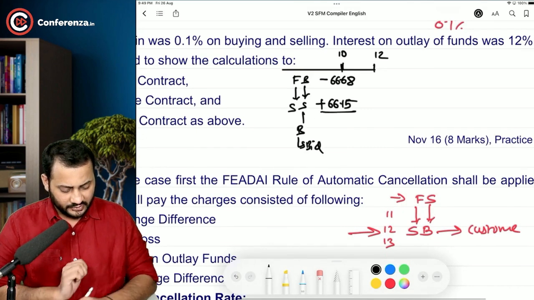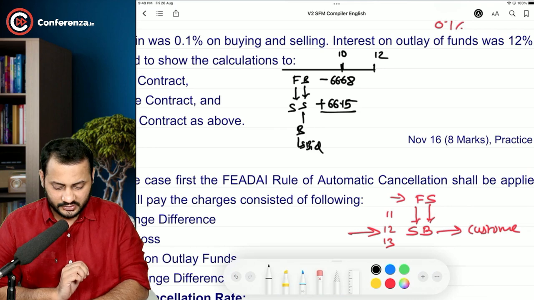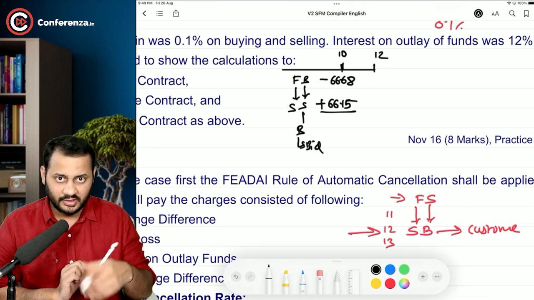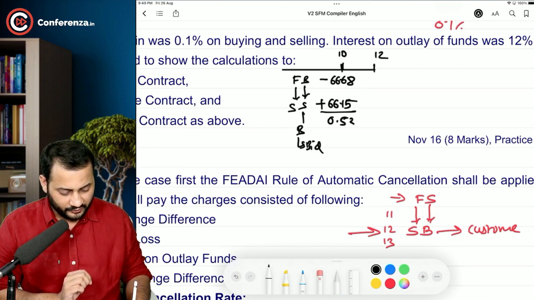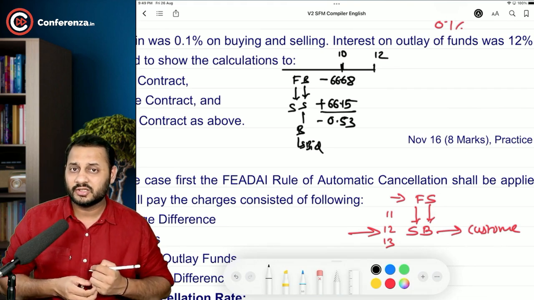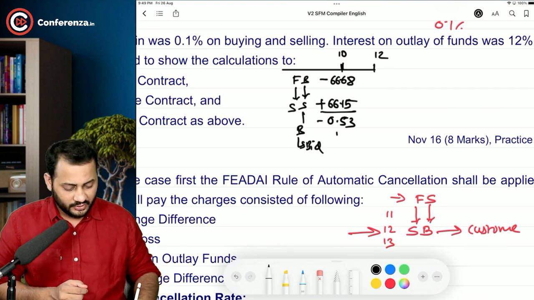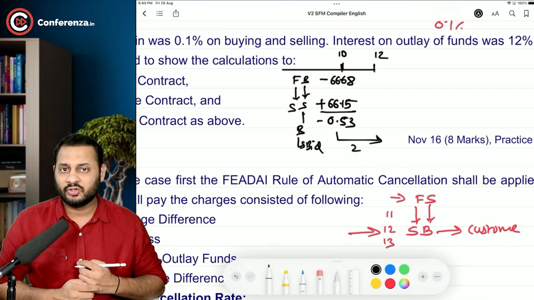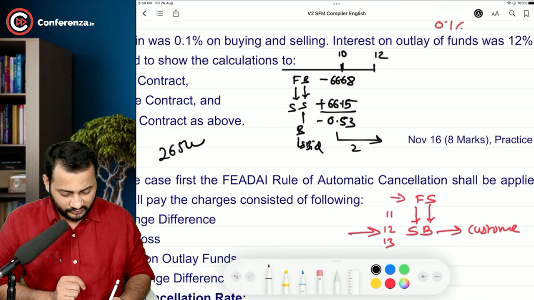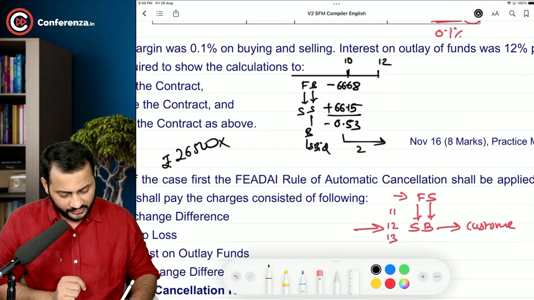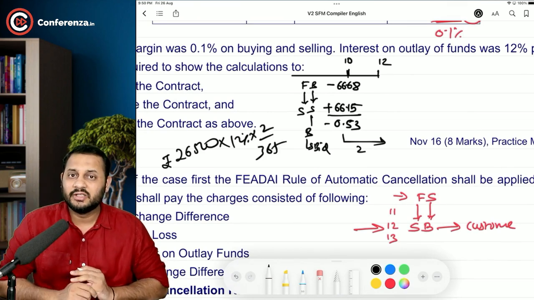See, there is a clear cut loss. 66.68 is the price at which we bought the dollar, and 66.15 is the selling rate. 0.53 is the loss to be recovered from the customer, but we will recover 2 days interest on 0.53 into 50,000. That means 26,500 rupees into 12% into 2 by 365. That will be the interest cost.